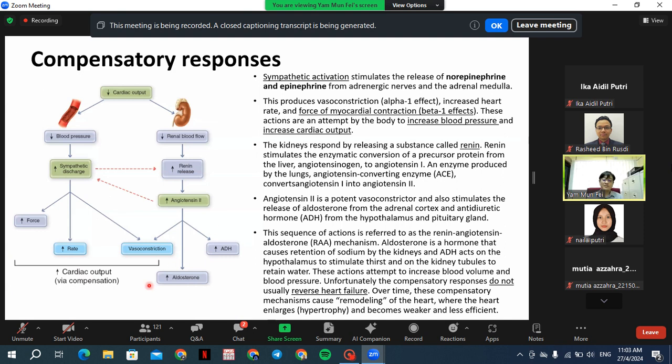Once you increase more water, your blood pressure will increase. These are considered the first type of compensation response caused by the kidney.